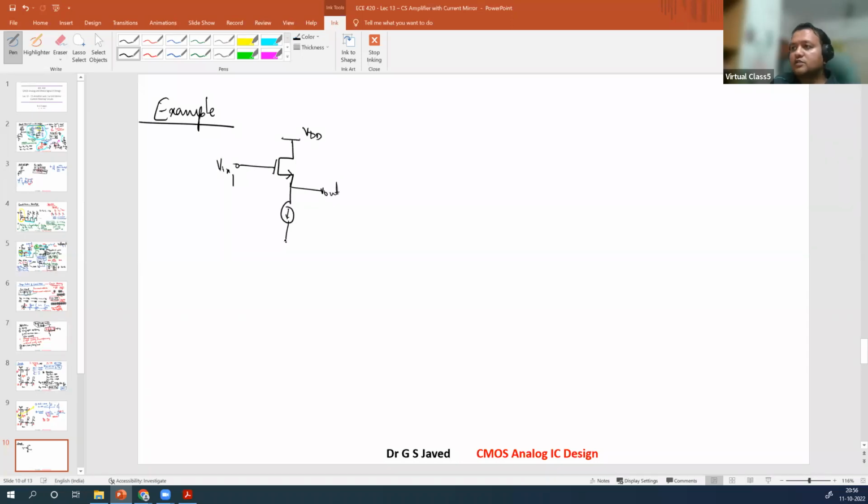And you have a current source I1. This I1 is equal to 0.2 milliampere. Then you have another device, in this case M2, connected again to VDD, connected to its input VIN2, and for the M2 device you're taking the output here, VO2, and you are having a current load of 0.5 milliampere. This is I2, right?